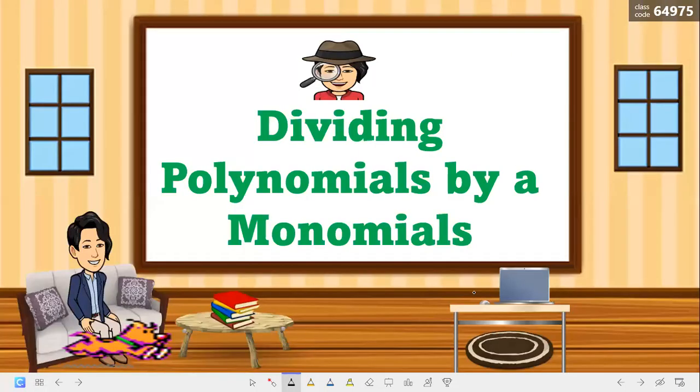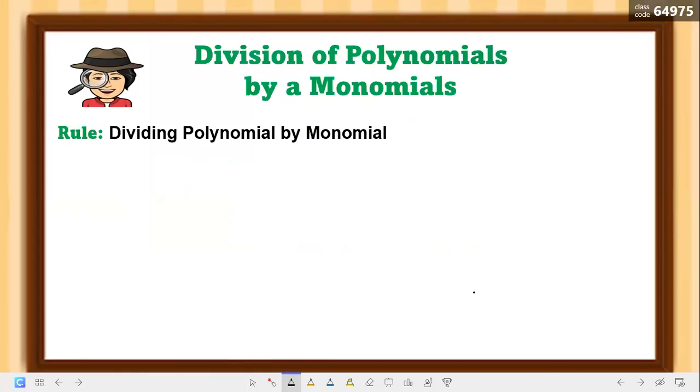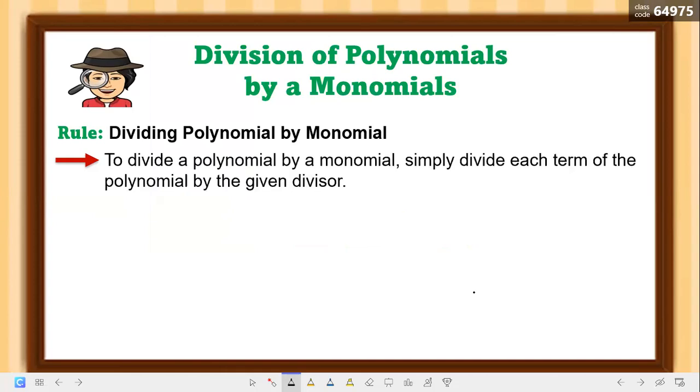So dito tayo ngayon sa ating lesson. Dividing polynomials by monomials. Okay, but first, can you read the rule? Yes? Pakinggan ko si John Benson. To divide a polynomial by a monomial, simply divide each term of the polynomial by the given divisor. Okay, divisor.